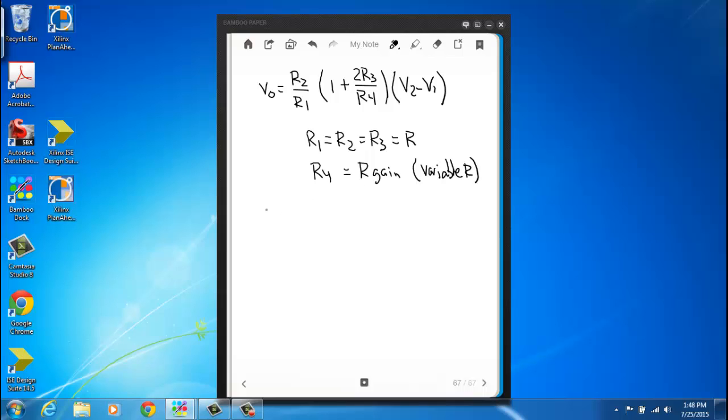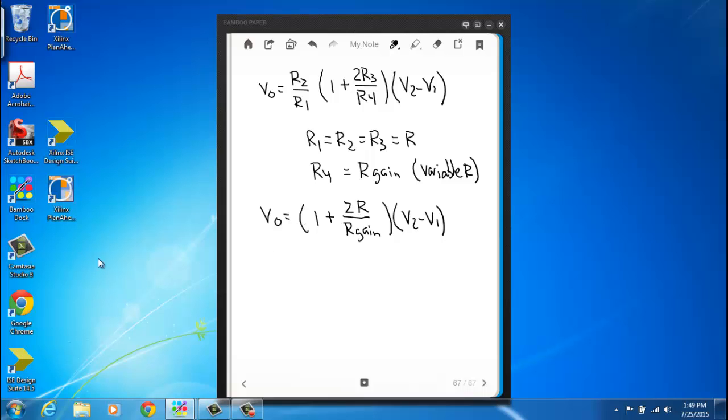So a lot of times in practice you'll see this expression written the following way. If we just make these substitutions into this equation here, it reduces to this. So with R gain as a variable resistor, you can vary the gain for your output voltage.